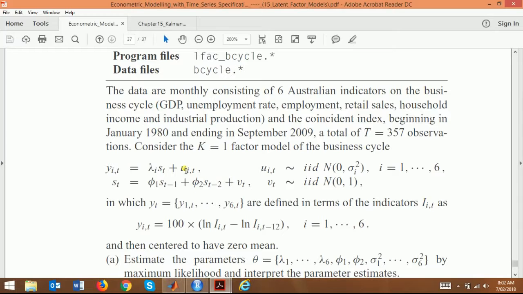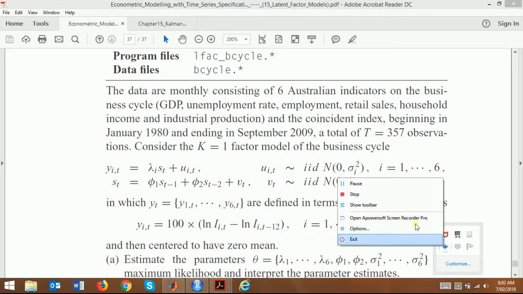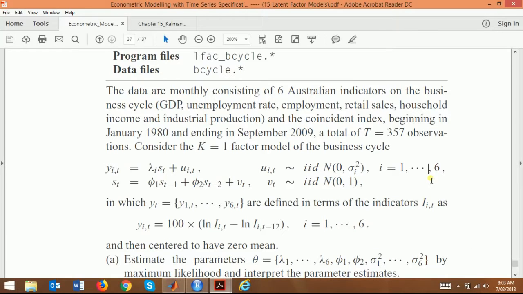Let's see how it is different, because as we studied before, smoothing was important for term, but for business cycle smoothing is not that important. For business cycle, let me just find it out. Oh no, I was wrong. For business cycle, the whole element smoothing is important.